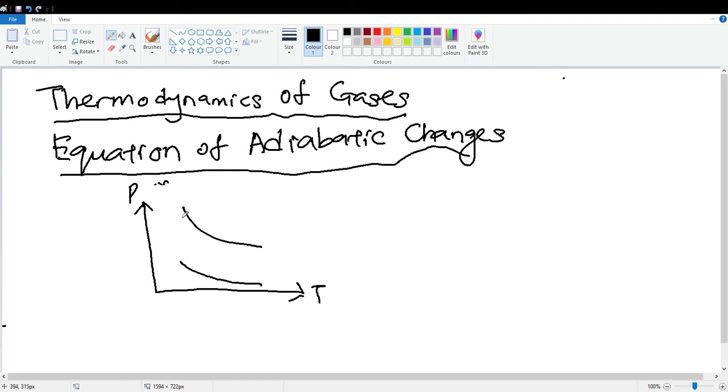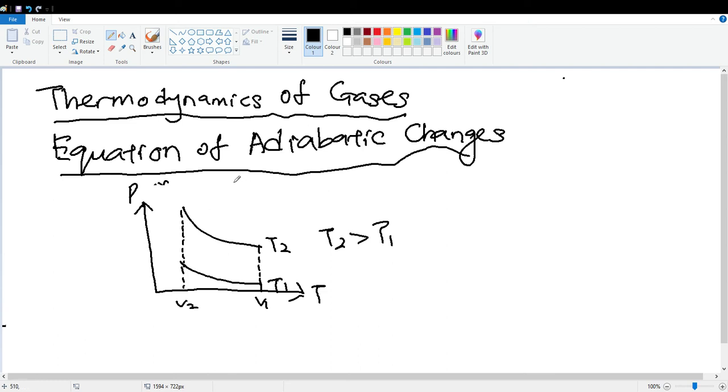This will be T1 and this will be T2, and T2 is bigger than T1. This will be volume 1 and this will be volume 2. Both of these two curves represent the isothermal changes.